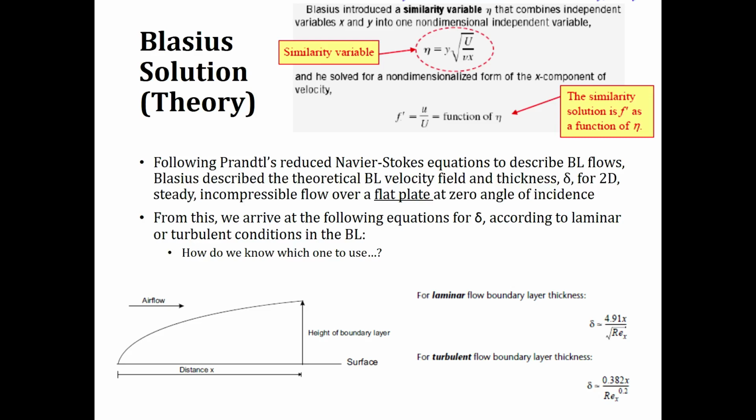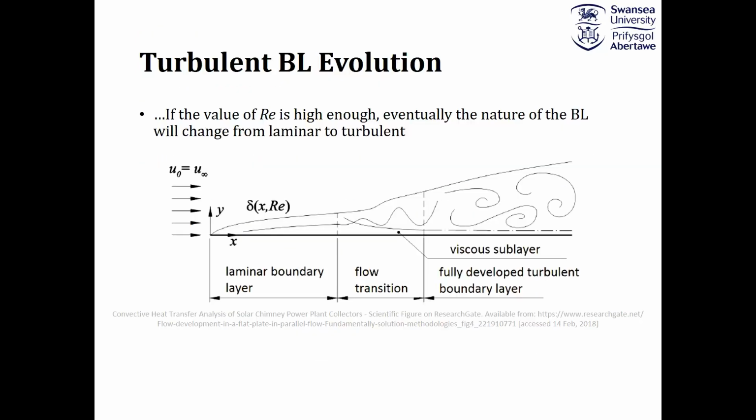A couple of slides ago, I showed you typical boundary layer growth for a laminar flow. What happens when that turns turbulent is something like this. Before, I showed you the laminar region here, which is what the boundary layer growth typically looks like. The further you go down the plate, the Reynolds number will increase to the extent that the boundary layer turns from laminar flow into turbulent flow.